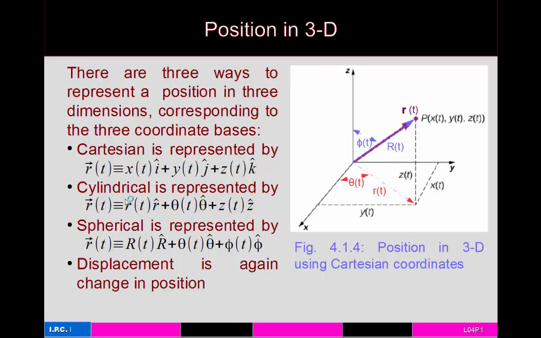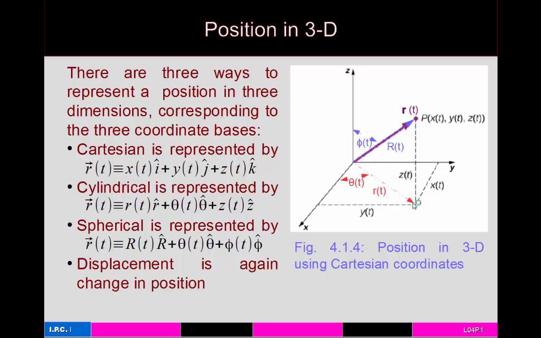The second option is, instead of using Cartesian or rectangular coordinates, to imagine a cylindrical coordinate system. If that's done, you need to have a distance from the xyz origin point to the projection of your point in your xy plane.